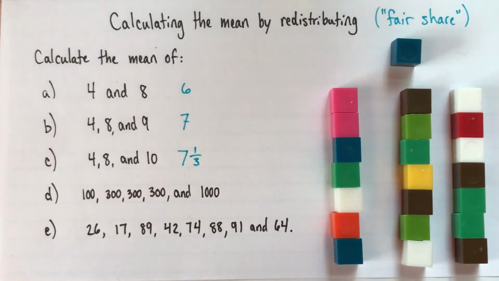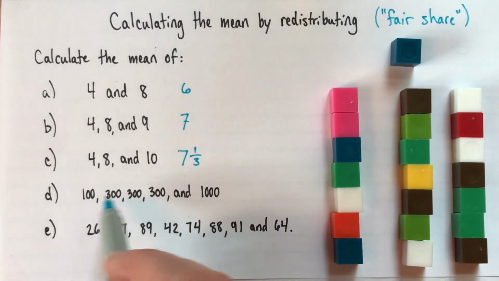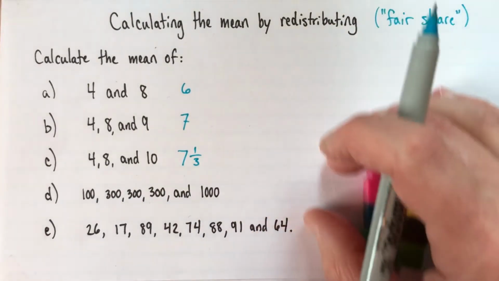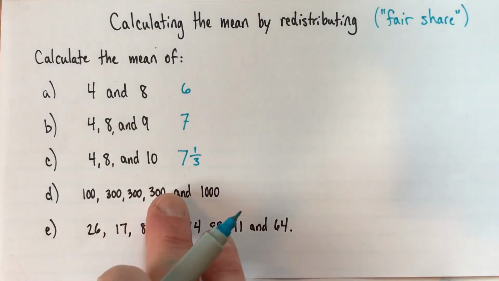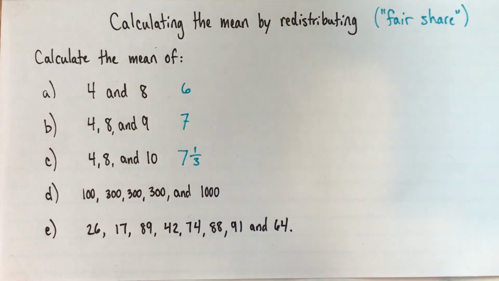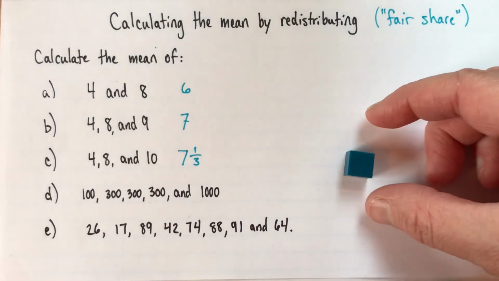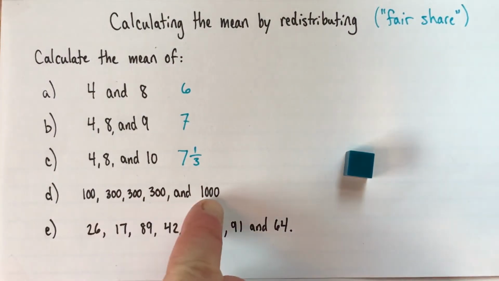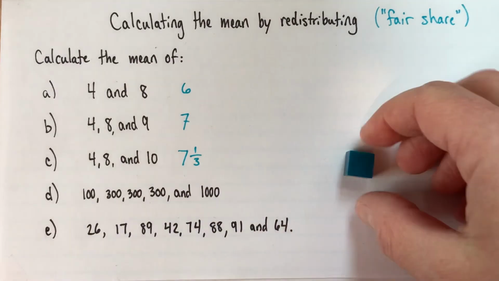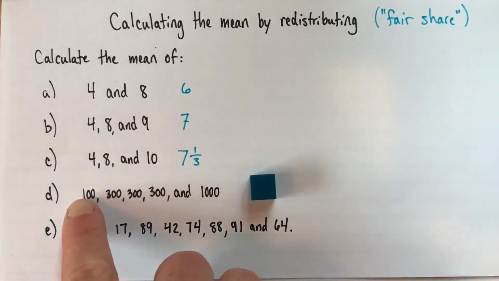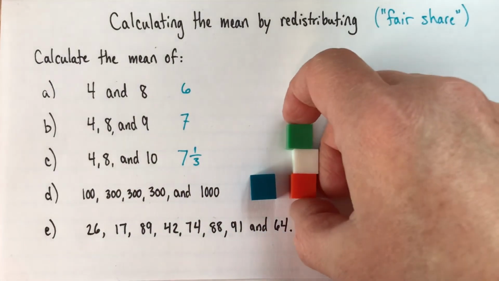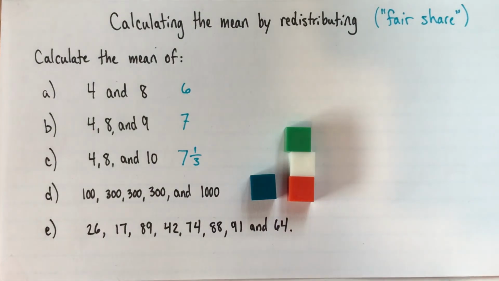Alright, let's look at this last one here. I've got 5 numbers: 100, 300, 300, 300, and 1,000. Now, I'm not in the mood to get out 1,000 little cubes, but what we could do is let one of these cubes represent 100. I think the way these numbers are, that'll work really nicely because they're all multiples of 100. So that represents 100 for the first number. There's 300.